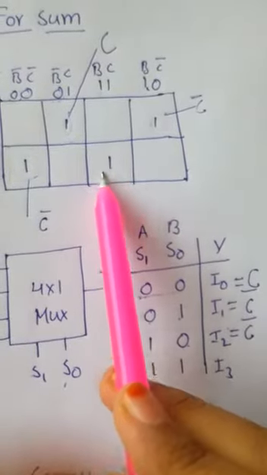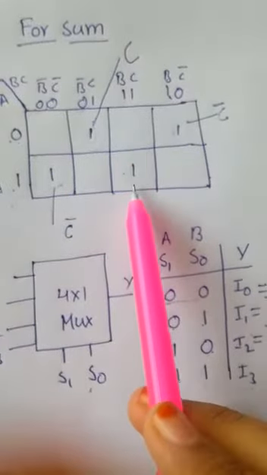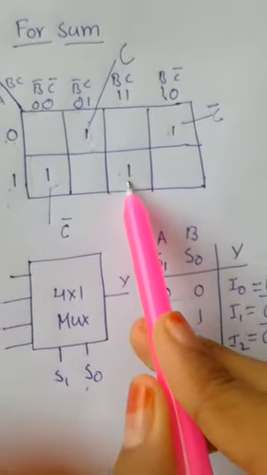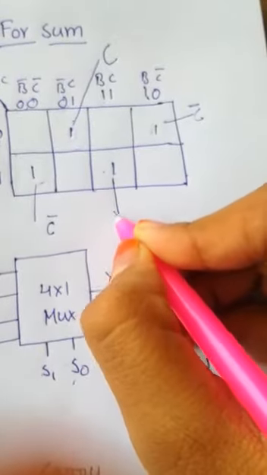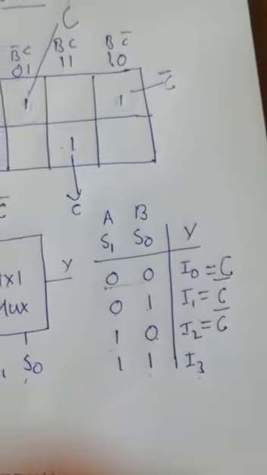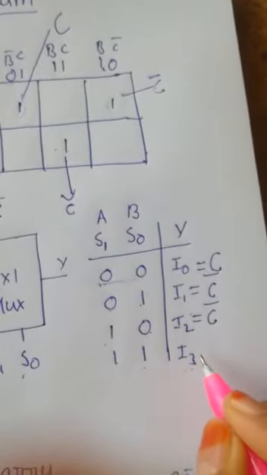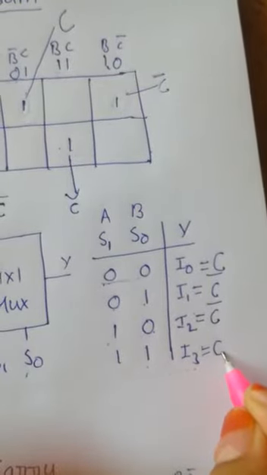We are having only one element, that is 1. So the output for this will be C, so the output for the I3 is equal to C.